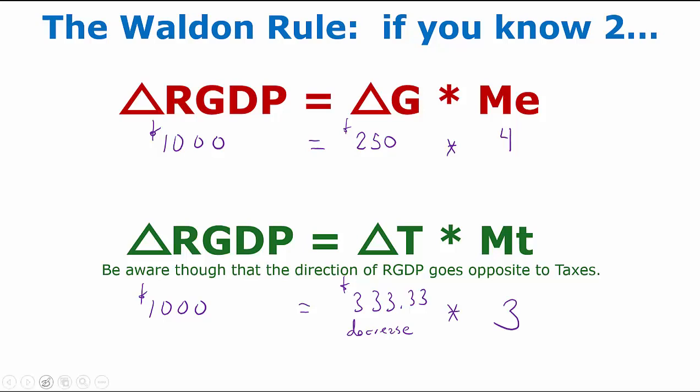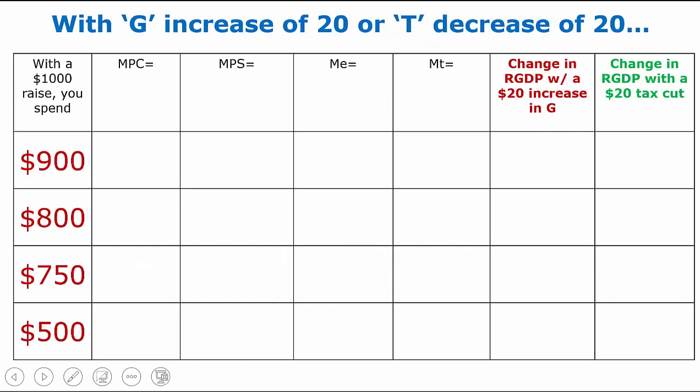So we're going to fill out a little chart here to help us understand all of this. I'm going to do the first row, and then you guys are going to pause and fill out the rest so that we can make sure we know what we're doing. Here are the parameters. Everybody gets a $1,000 raise, which is our change in income.